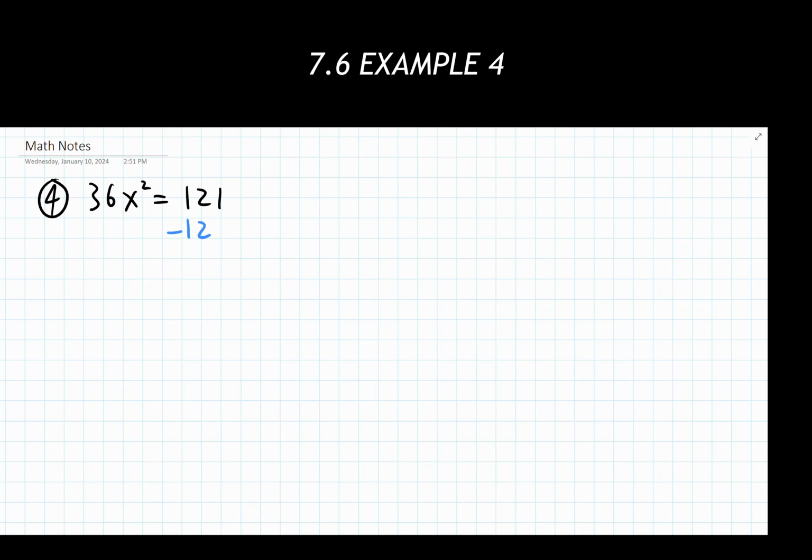Now I'm getting rid of that by subtracting 121. So I'm subtracting 121 from both sides. It means the left side is going to become 36x squared minus 121 equal 0. So there we go. Our first step is done.